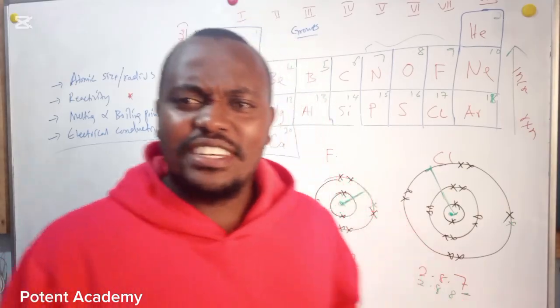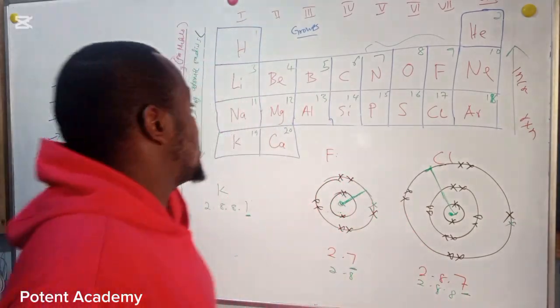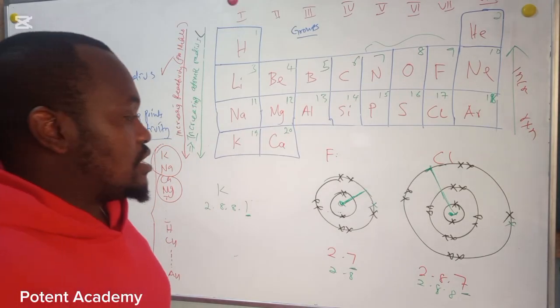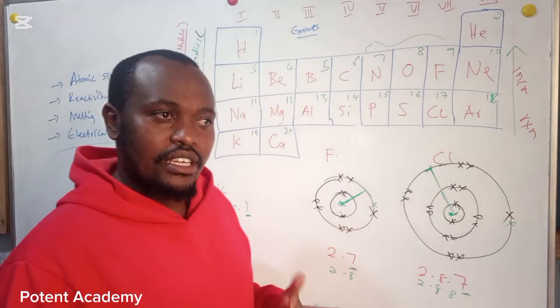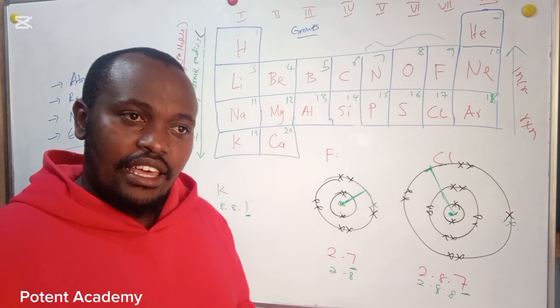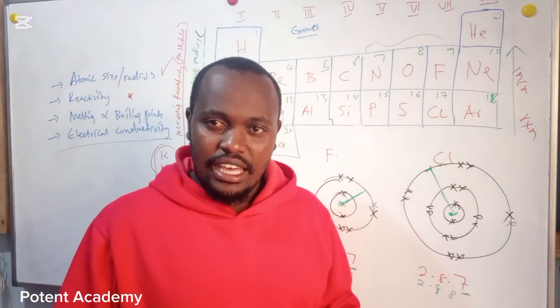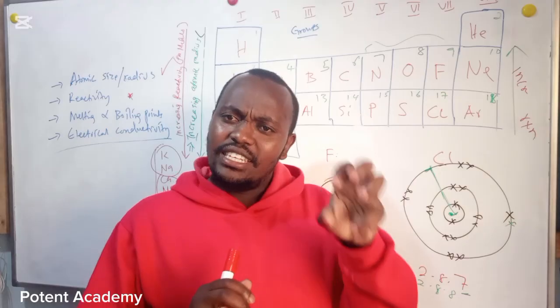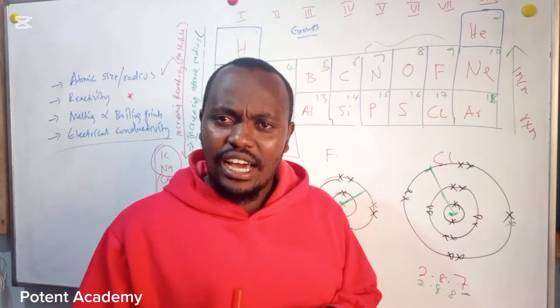Yes, so this is very simple. The relationship between reactivity for metals and nonmetals revolves around the atomic size, the number of energy levels. And again, you need to understand whether that atom reacts by gaining or losing an electron.